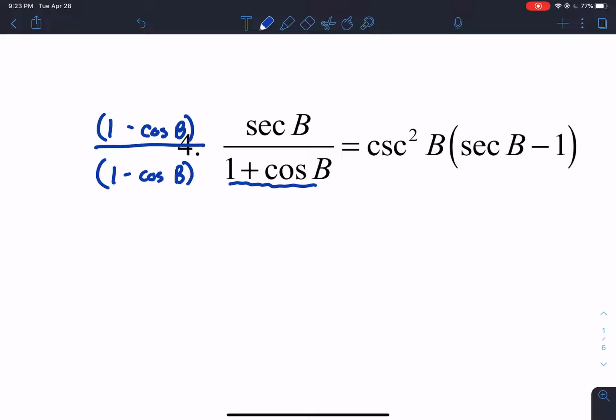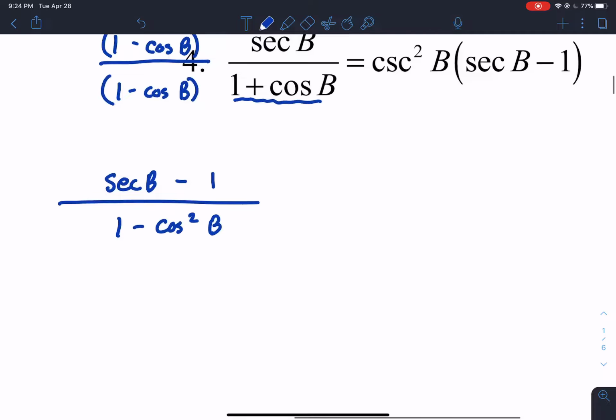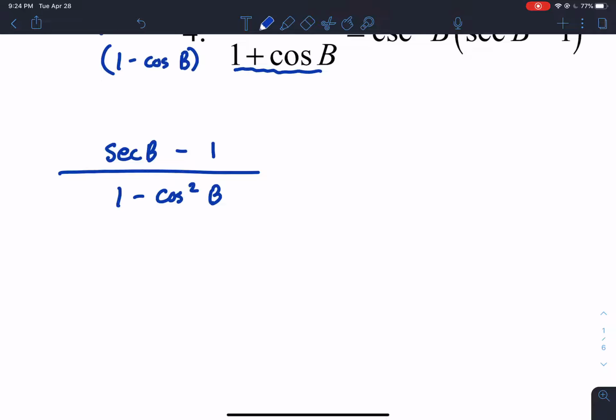Now, when you distribute the top, you have secant times 1, which is secant, and then you have secant times cosine. Those two things are opposites of each other, so they're just going to become 1. And then on the bottom, you have 1 minus cosine squared. Now, 1 minus cosine squared becomes sine squared.